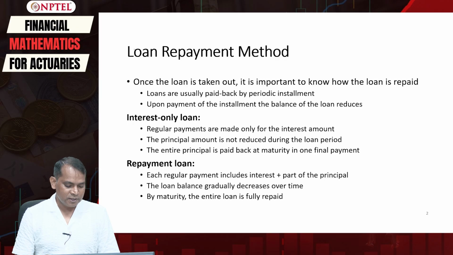In a repayment loan, each regular payment includes one part, that is interest, plus another part, that is part of the principal. So the loan balance gradually decreases over time, and by maturity the entire loan is fully repaid. It is a kind of amortization.